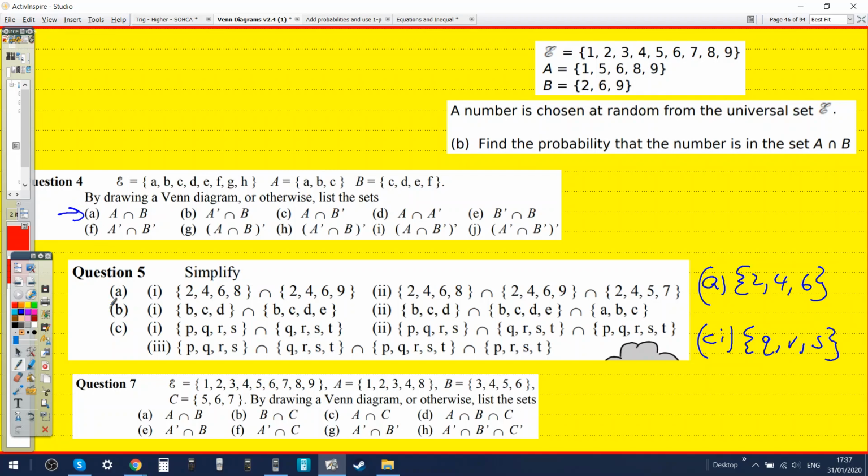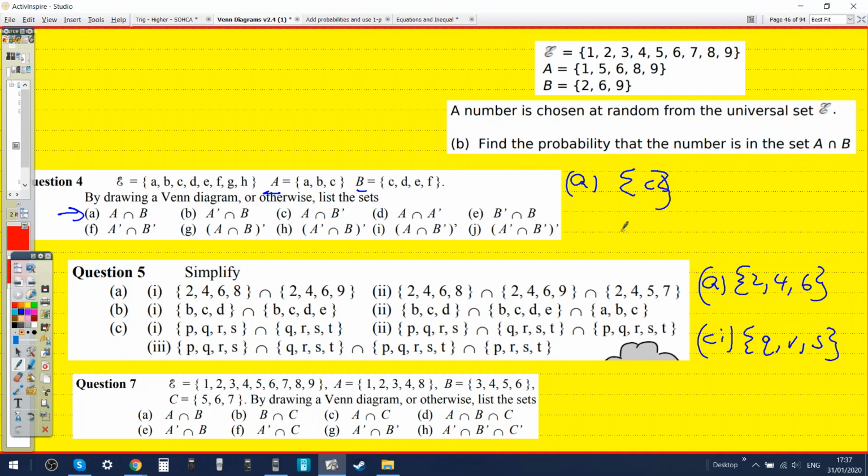Part A, question 4. Is it just two normal Venn diagrams? Without drawing a Venn diagram. I'm not sure. It says A, B, so... Oh, there's a code up here. Okay. C, just C. Yeah, it's just C.